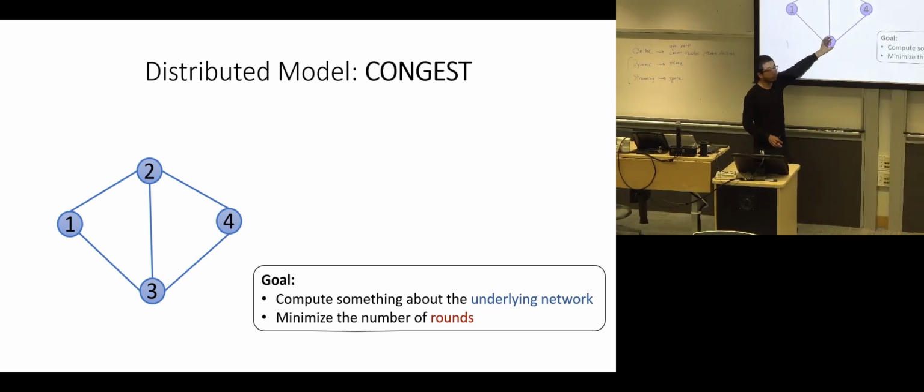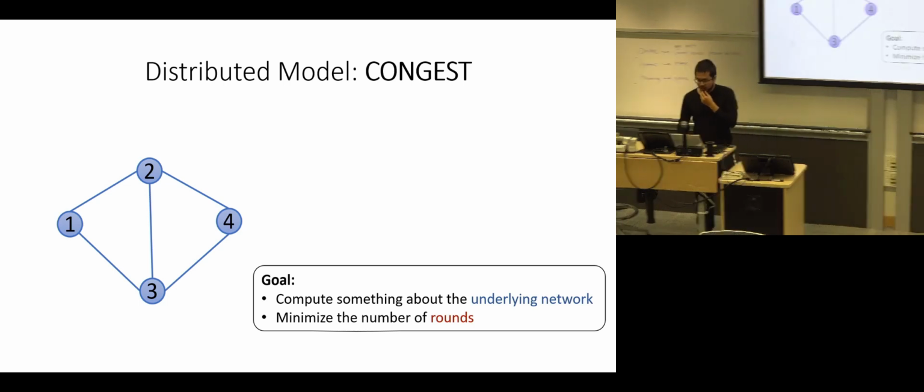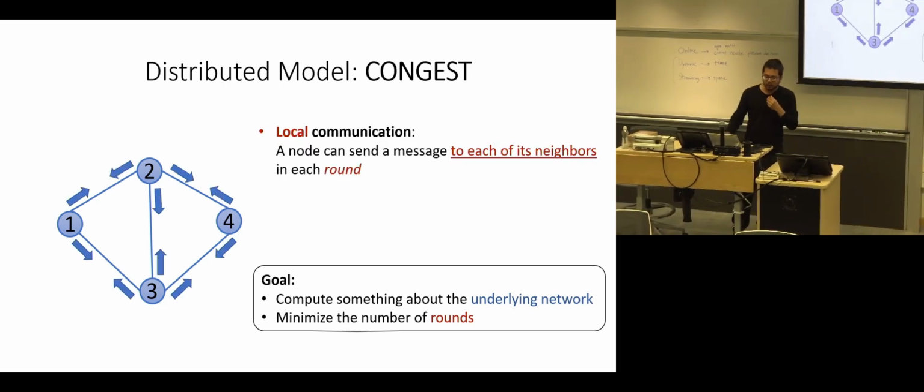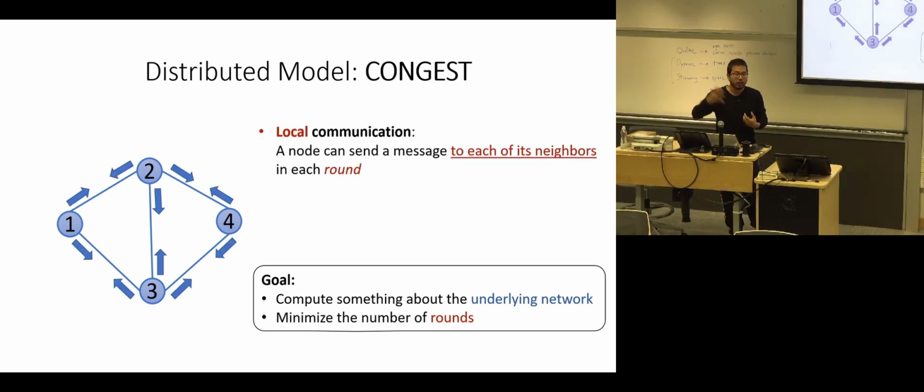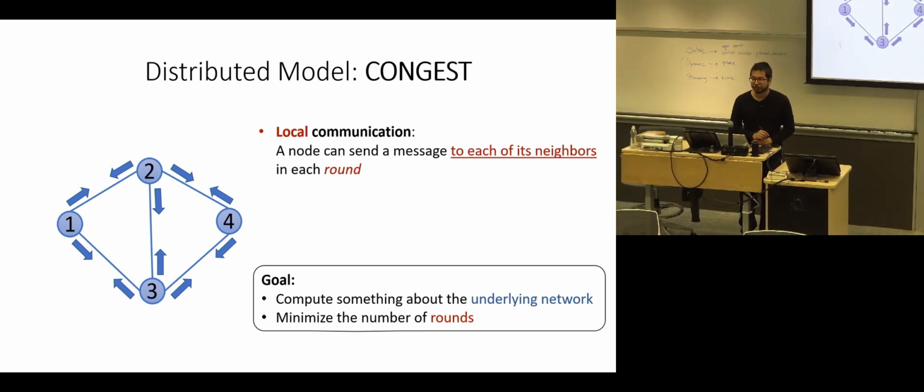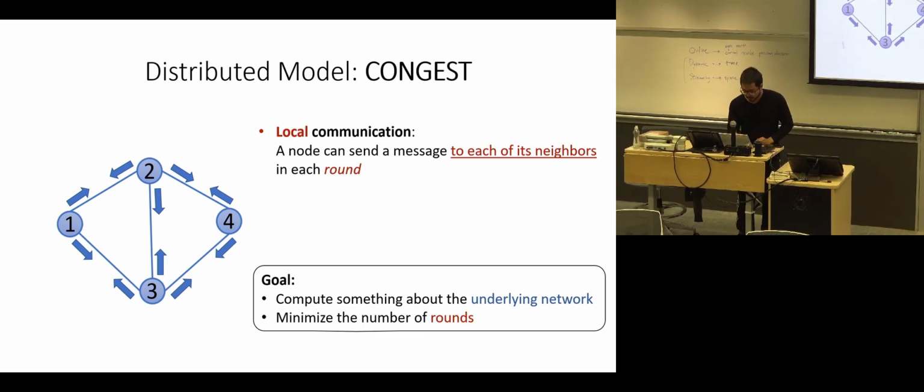This is like a network of computers, where each node is a computer and each edge is a connection between computers. Each computer can only talk locally, only to its neighbors. Each node can send a message only to its neighbors in each round.